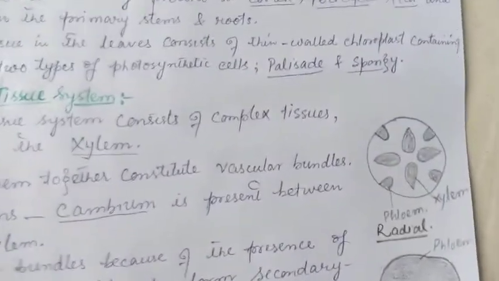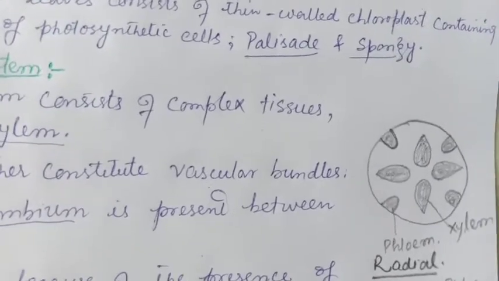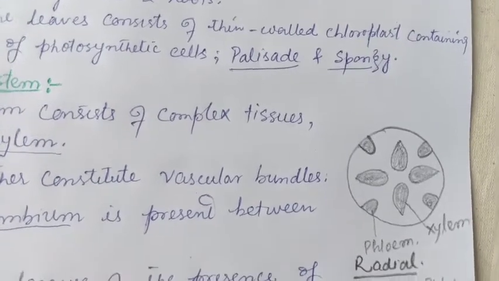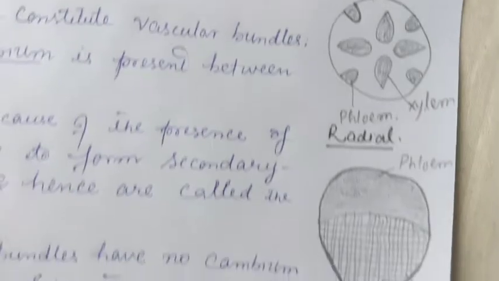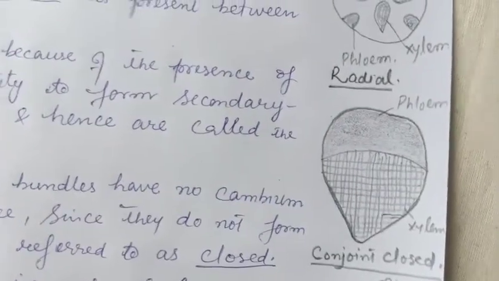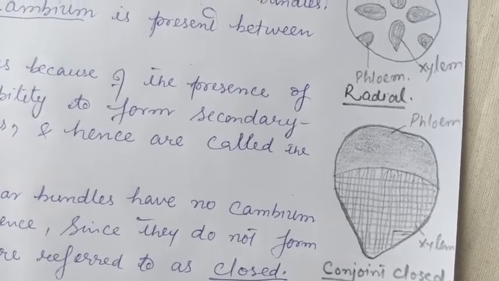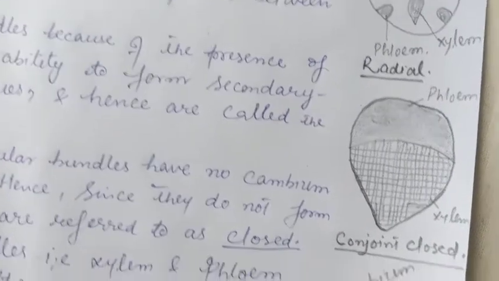And this is the view of the radial arrangement of the vascular bundles: xylem towards the inner side and phloem towards the outer side. And then the conjoint and closed type of vascular bundles, phloem towards the outer and xylem on the inner side.